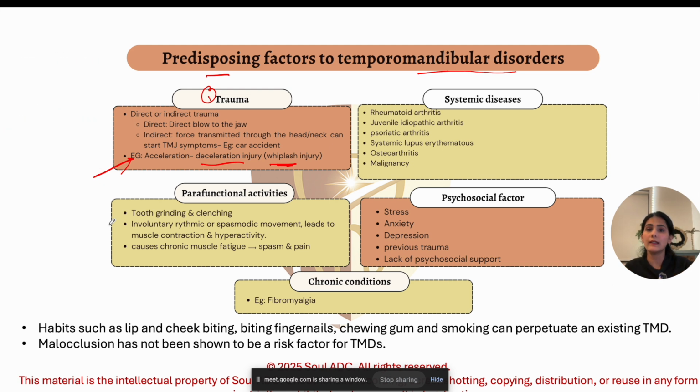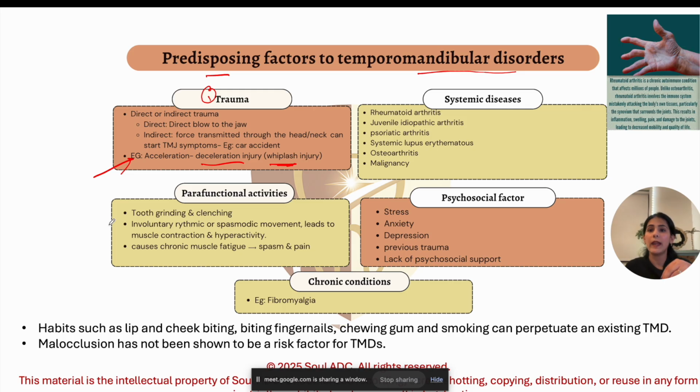Now the other one we have is your systemic diseases. What could be the systemic diseases? Anything arising from inside your body giving issues, like rheumatoid arthritis. What is rheumatoid arthritis? It is a condition where there is inflammation of the joint. There could be pain arising in the joint area. That's your arthritis, and rheumatoid is an autoimmune condition.